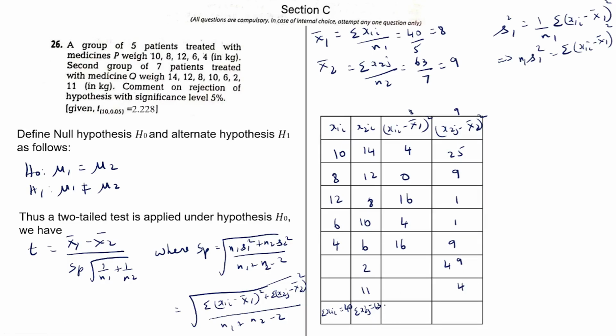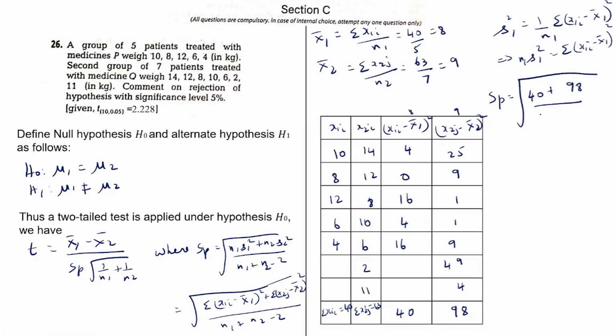So here this total, when we add all these, we will get 40, and this when we add all these, we will get 98. So we can find SP as root of sigma x1i minus x1 bar the whole square, which is 40, plus sigma x2j minus x2 bar the whole square, that is 98, upon n1 plus n2 minus 2.